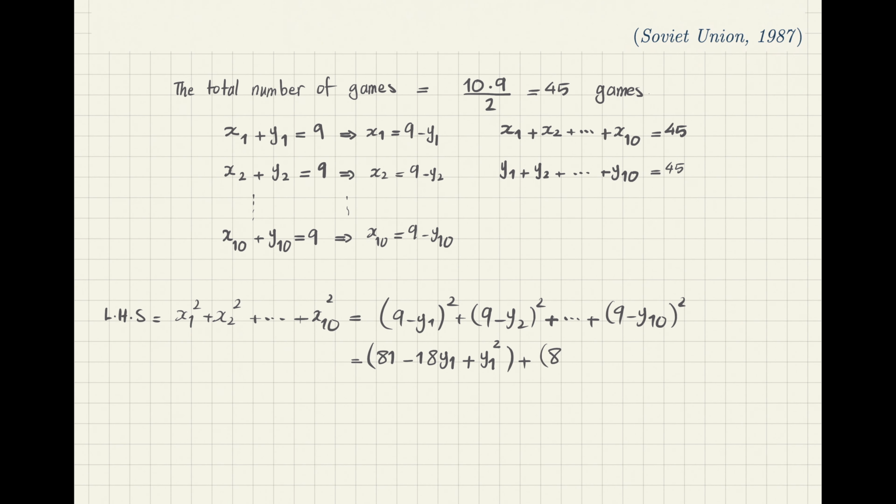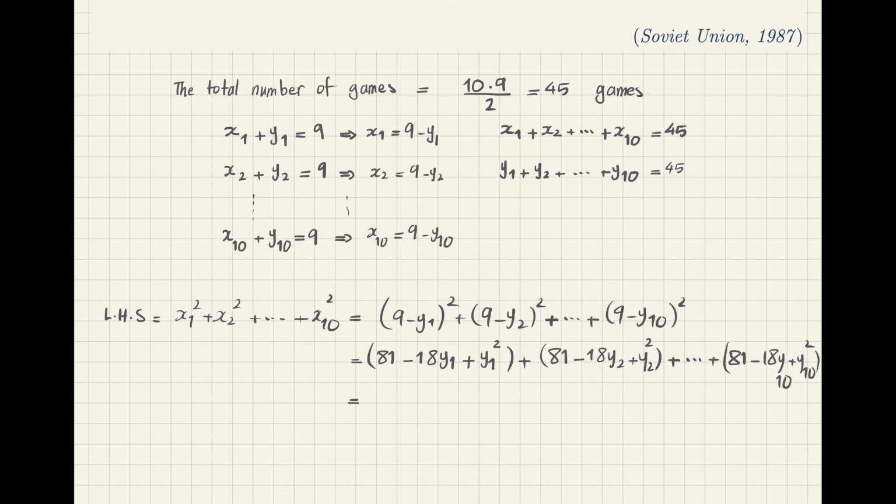So it becomes the first one squared, 2 times the first one times the second one, and finally the second one squared. And then this will continue until the very last term, which is also similar. The first one squared, 2 times the first one times the second one, and then finally the second one squared.